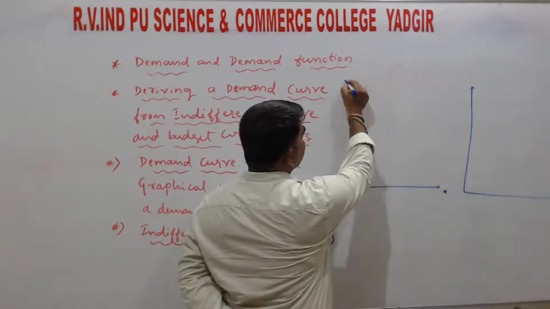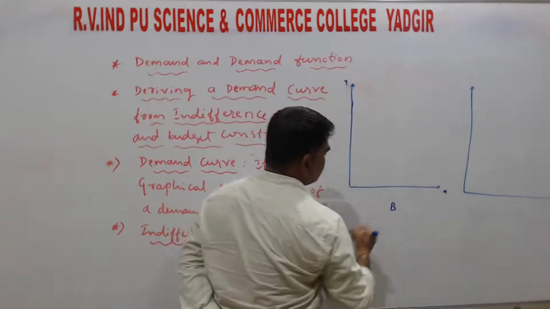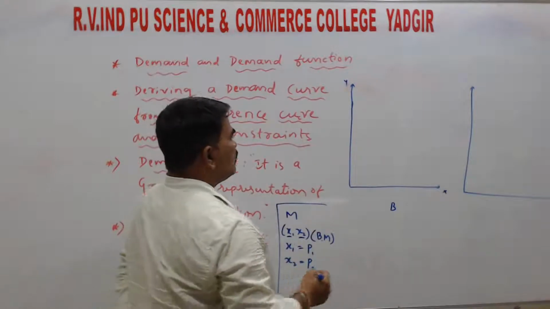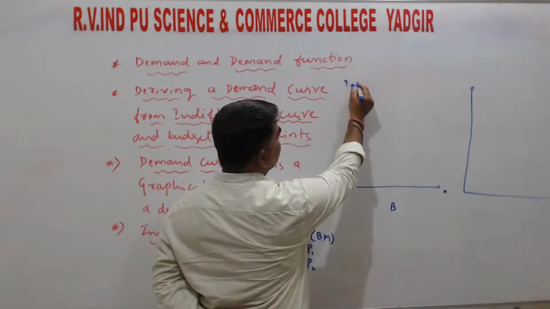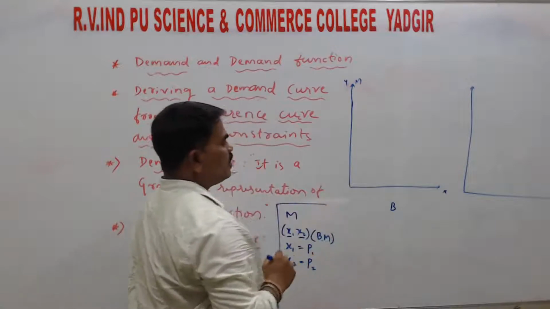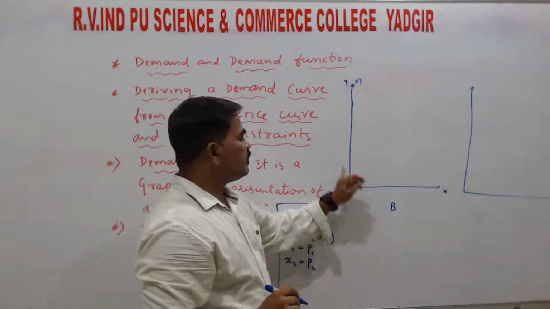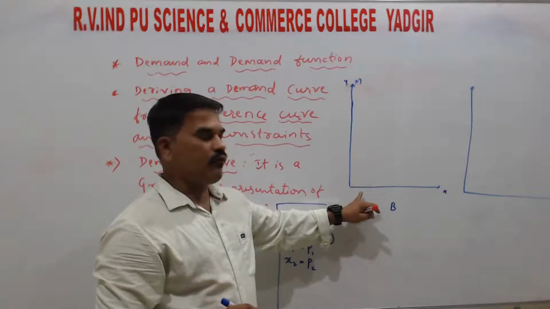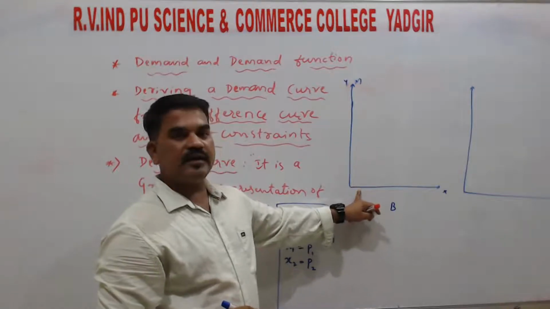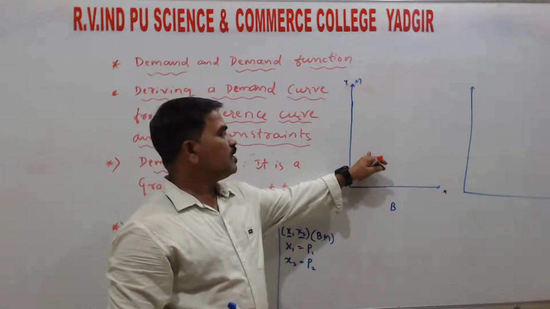On the x-axis here we will take banana, and on the y-axis it is mango. Whatever we are taking, it is quantity, and that quantity gives us bundle.